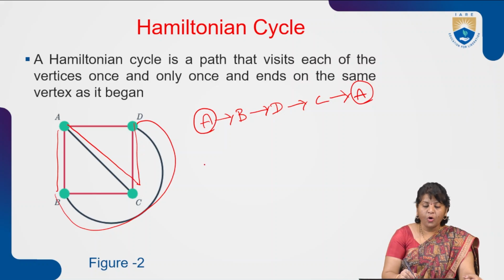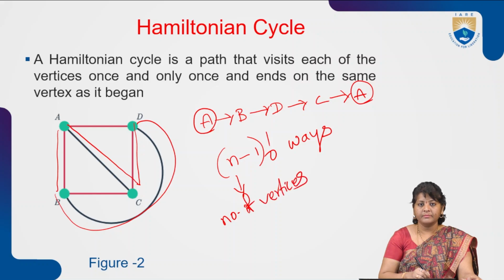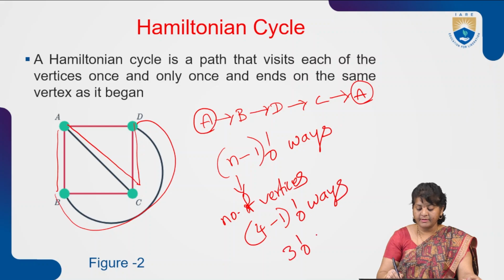So how many possibilities are there to have these cycles? For that, there is a formula for finding the number of possible ways, that is (n minus 1) factorial ways. Here, n indicates the number of vertices. Now, the vertices here are 4. 4 minus 1 factorial ways, that is 3 factorial.